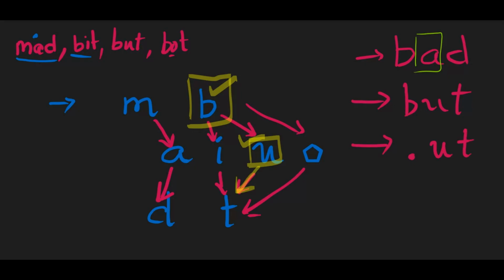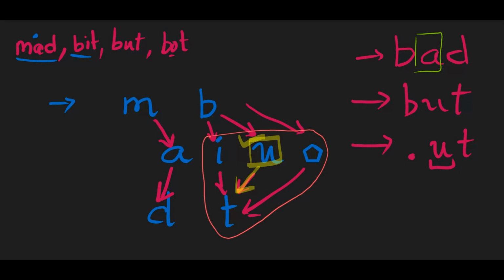Now it's pretty easy. If it's a dot, we just ignore the comparison process, because it could take any value, and we support all the values. It's like a wildcard. So when it comes to a dot in the first level, I don't mind. But the problem is, next in the second index we have a U, and in this case I don't know if I should go down this track or I should go down this track.